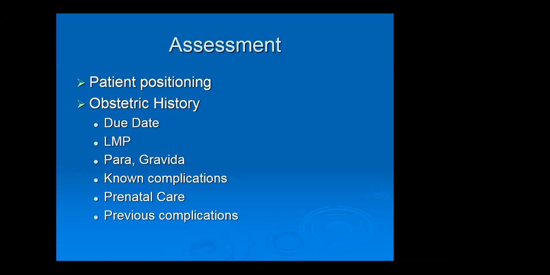Then we have a separate special tab for obstetric history, and these are the important things that you want to assess and know about the OB patient, and that you want to document to get a good clinical picture of the patient, as well as being able to plan for your transport and know what to expect.